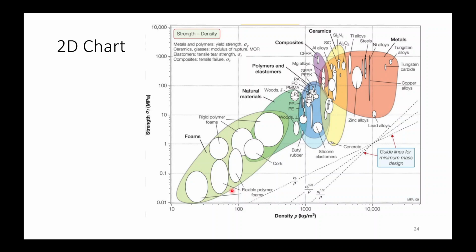If I want to use a material for a certain application which requires higher strength and lower density, for example, I require density lesser than 1000 and strength higher than 100, then my search region will be like this. So in this area only I will be searching for materials.